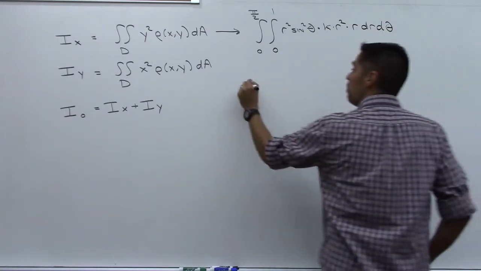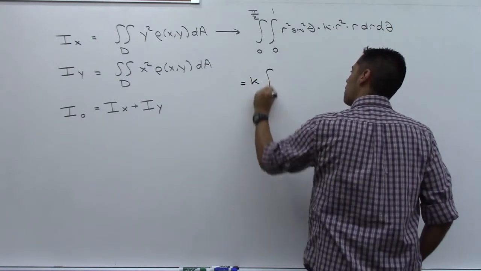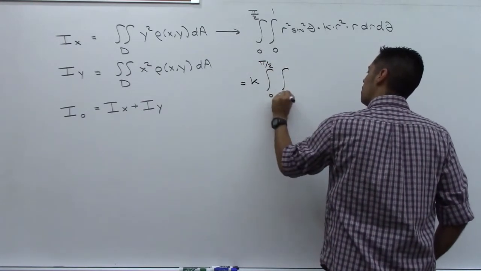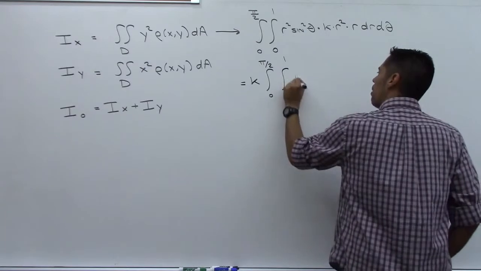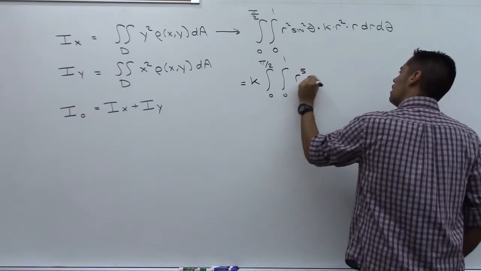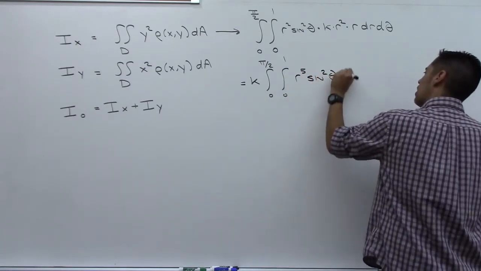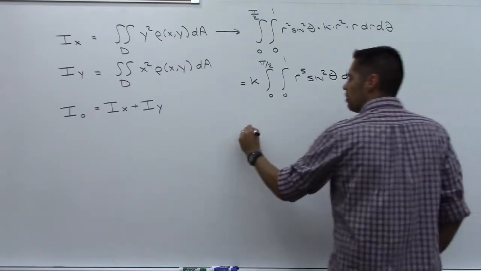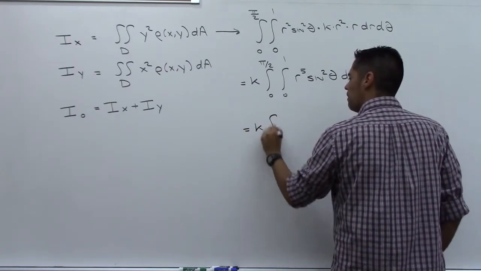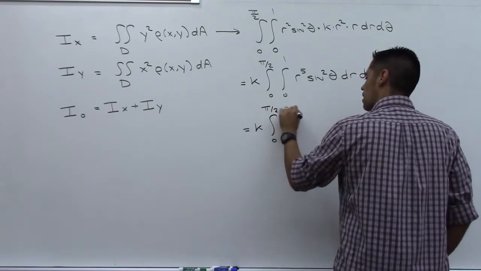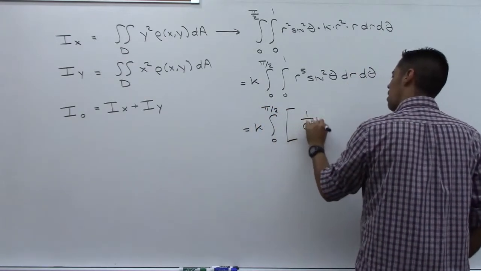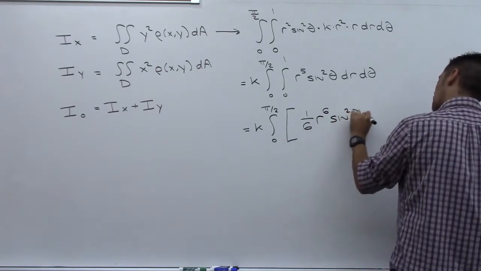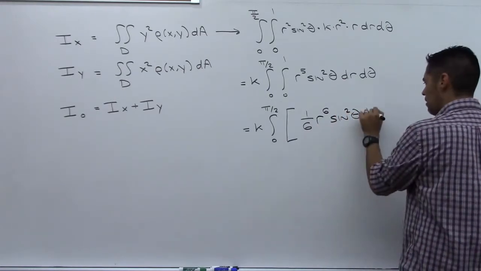And so what I'll do is I'll pull the k out completely. Integral 0 to pi over 2, integral 0 to 1. I should have r to the 5th here, sine squared theta dr d theta. The antiderivative of this with respect to r is going to be 1/6 r to the 6th sine squared theta d theta.